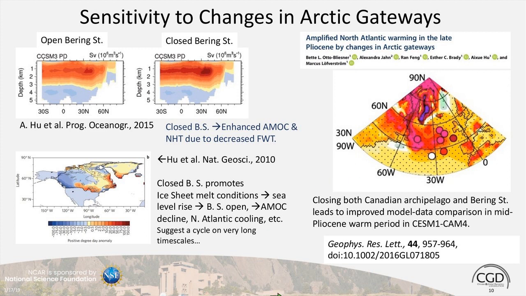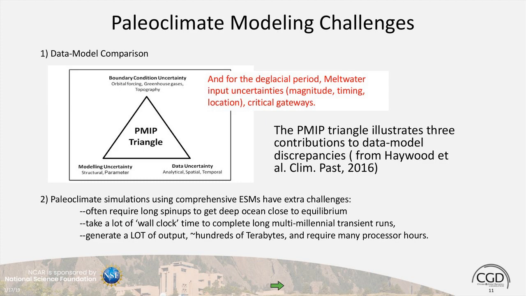This leads me to talk a little bit more about PMF and modeling challenges for the paleoclimate situation. This schematic here shows what we call the PMF triangle, which illustrates the contributions to data-model discrepancies. First, we have boundary condition uncertainty, like whether gateways are open or closed for a particular time period, or the magnitude and timing of meltwater, which is very uncertain over the deglacial period.